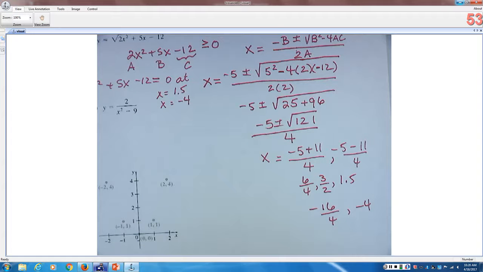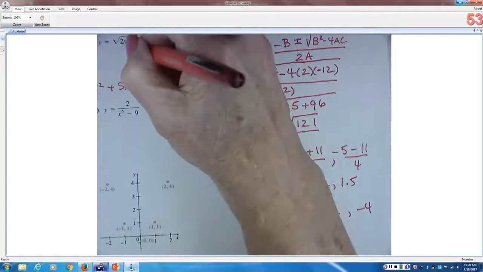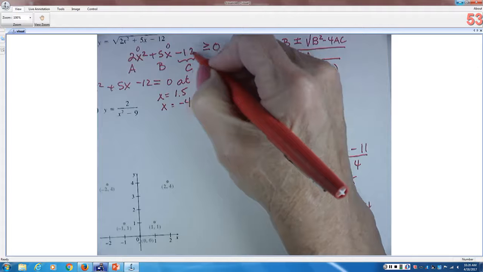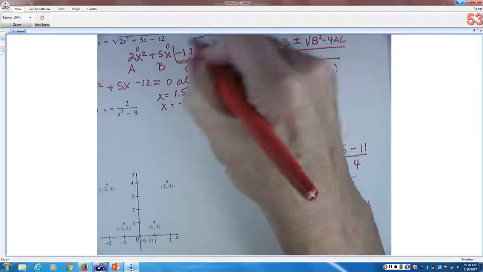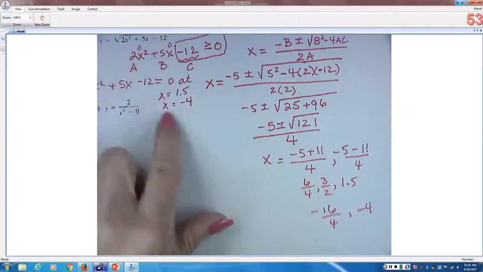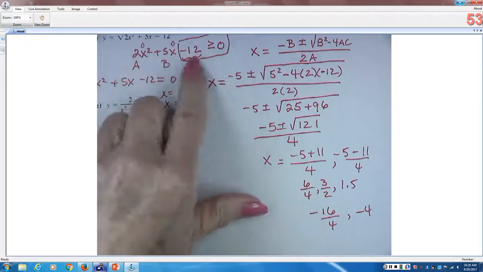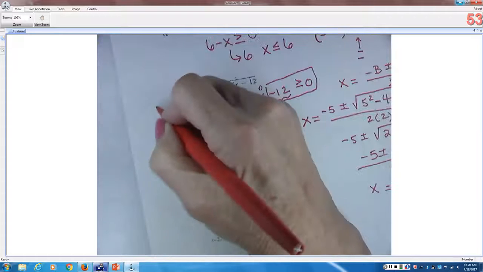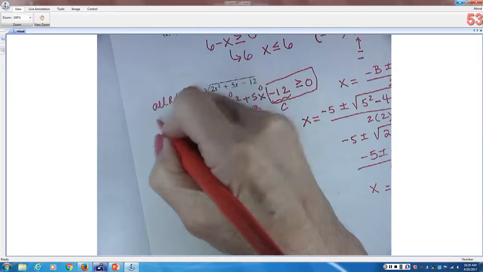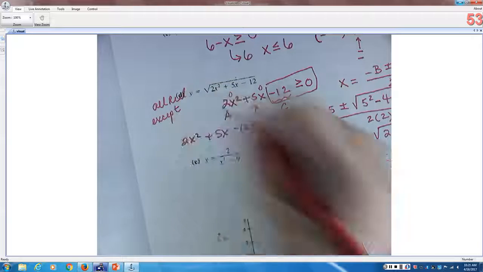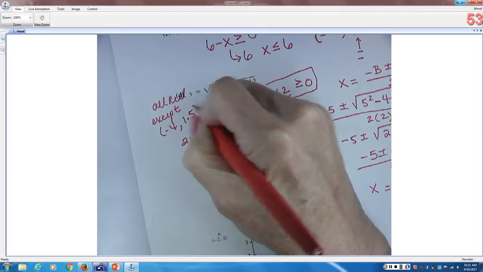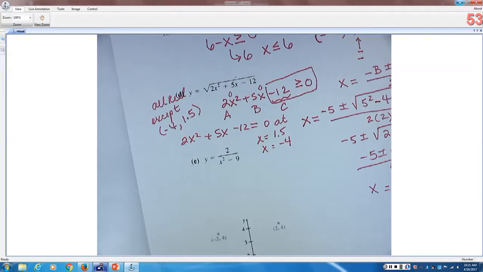The way I would check it is to ask what happens if I put in 0. That would be negative 12. 0 is between these two numbers, and negative 12 is certainly not equal to or greater than 0. So it's all real numbers except numbers between negative 4 and 1.5. And that means all numbers in between there, okay?